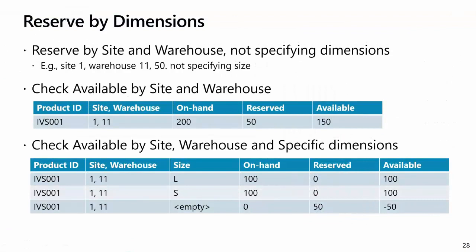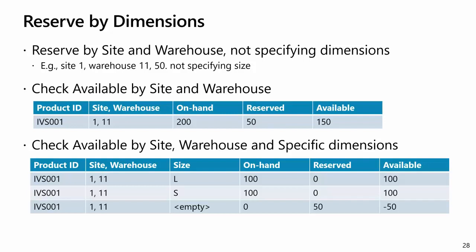We take note of how soft reservation handles reserves against different dimensions. As we know, in the inventory visibility service, there is no such concept as in Dynamics 365 supply chain management of different types of inventory dimensions, such as the storage, product, and tracking dimensions.